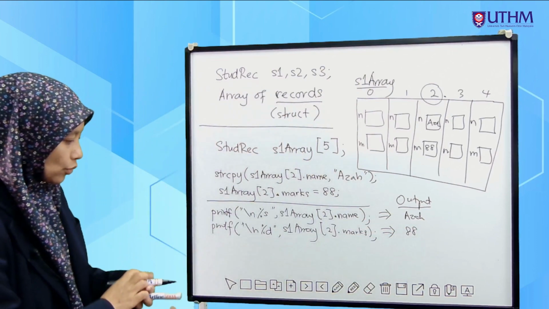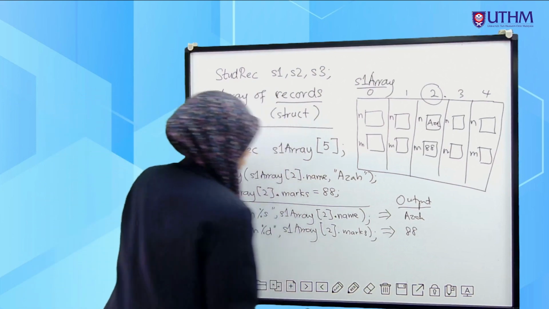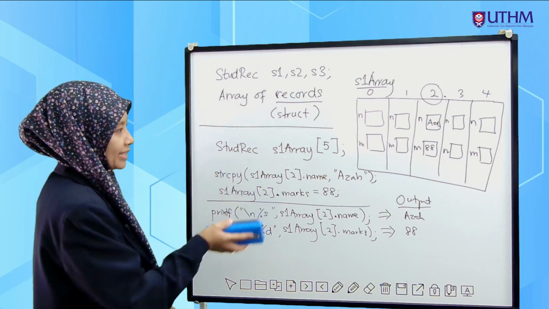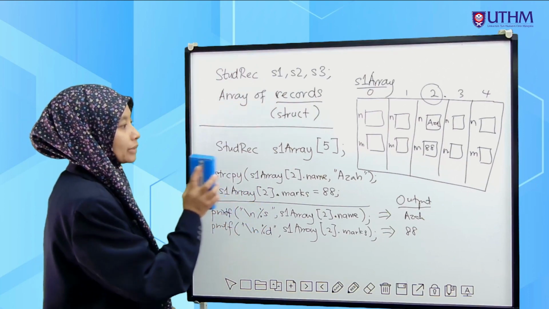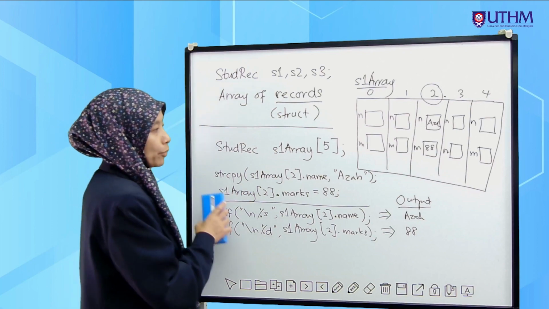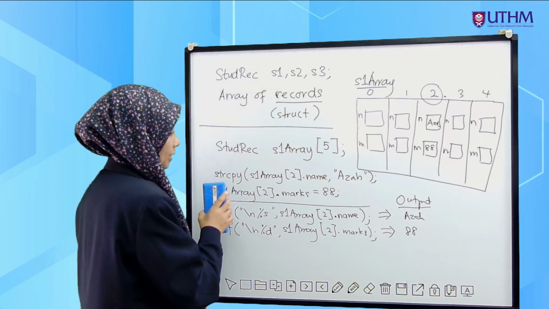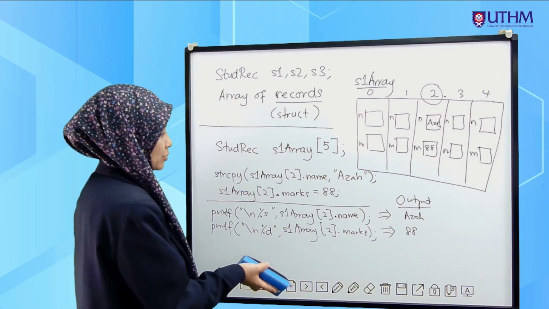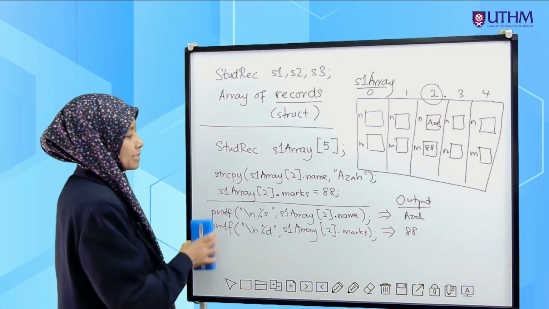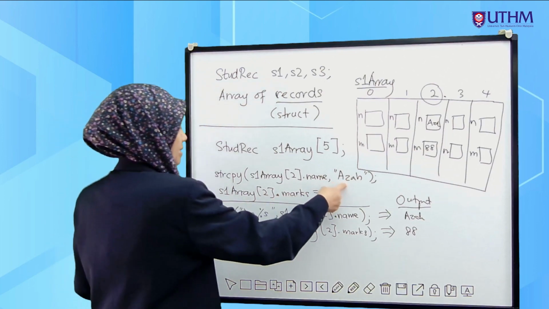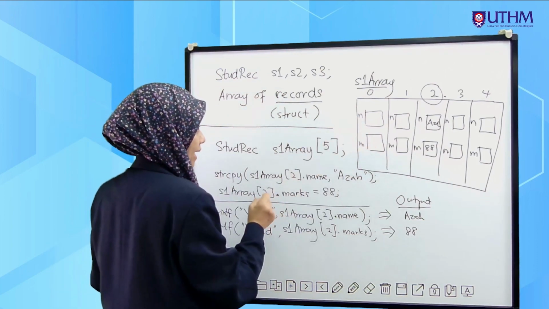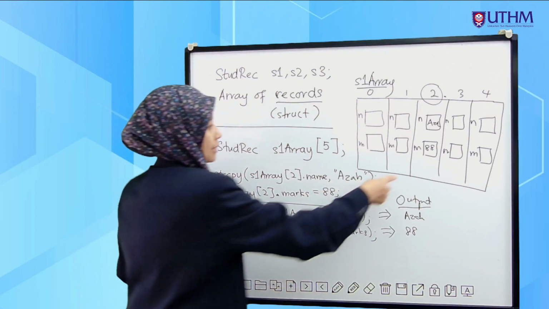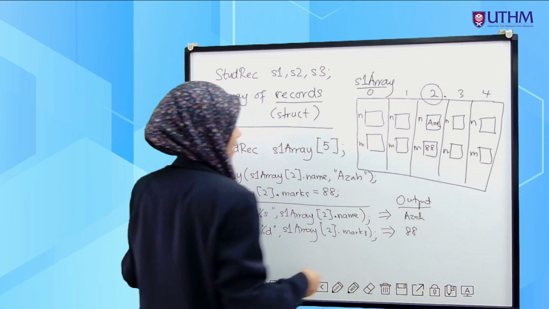This is an example where you have a specific location or destination that you want to target, either to read input, display output, or assign values. Here I assigned Azah to the name at index 2, and 88 to the marks at index 2.